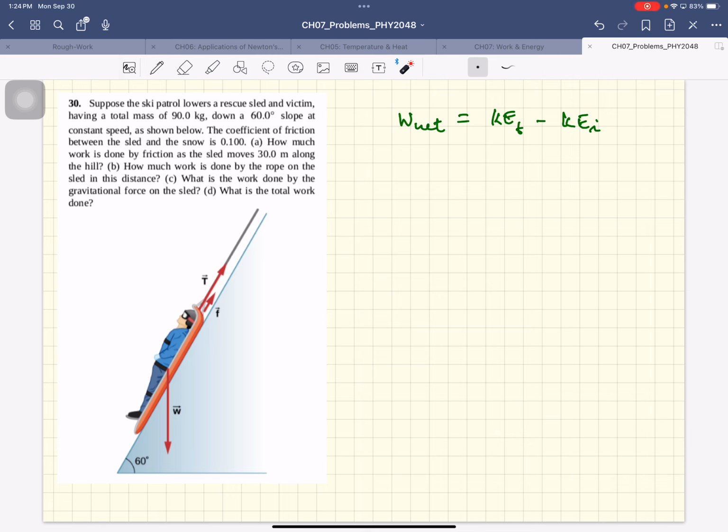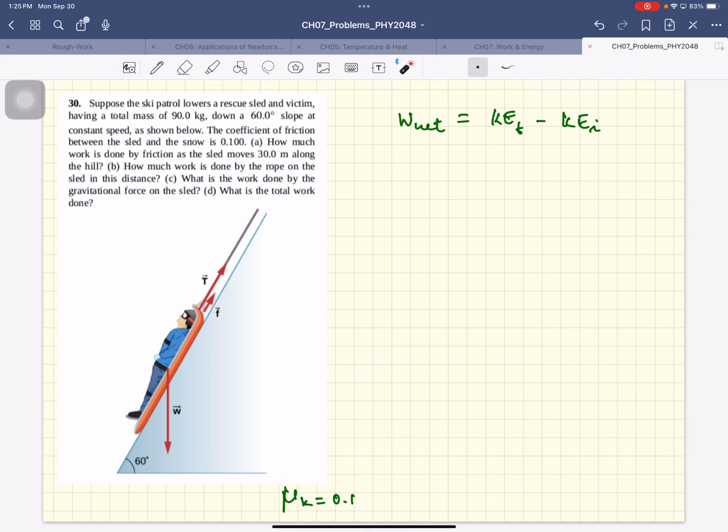The coefficient of friction between the sled and the snow is 0.1. Okay, so mu k is 0.1. How much work is done by friction as the sled moves 30 meters along the hill?